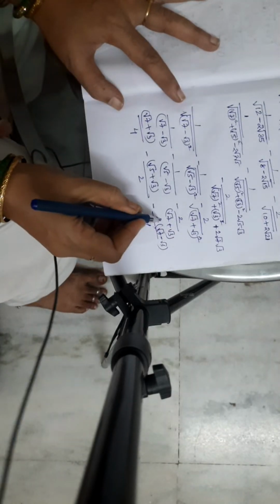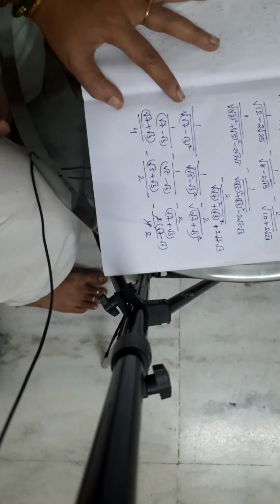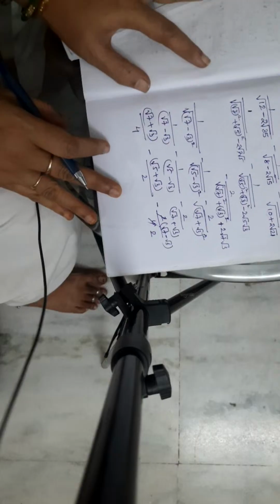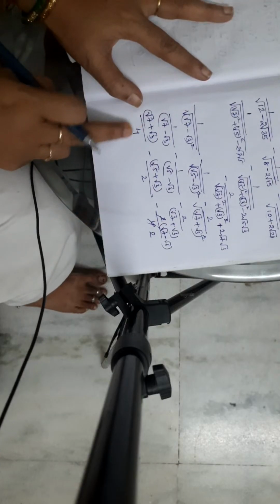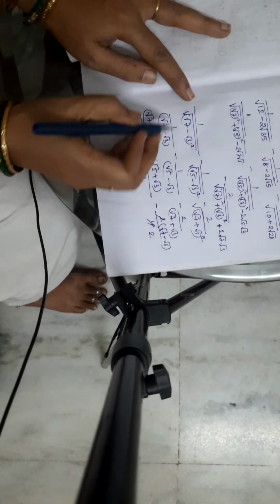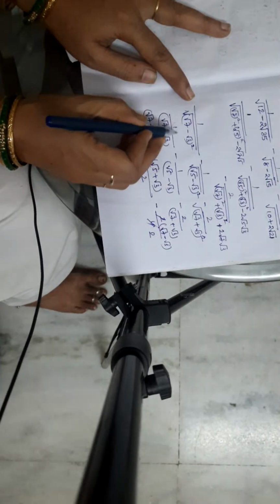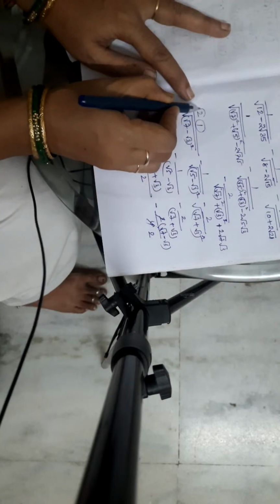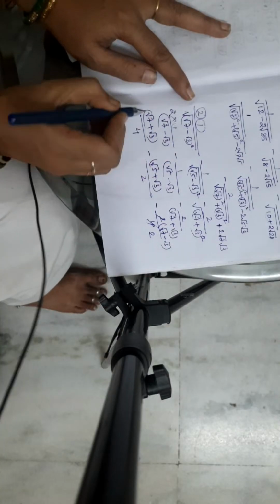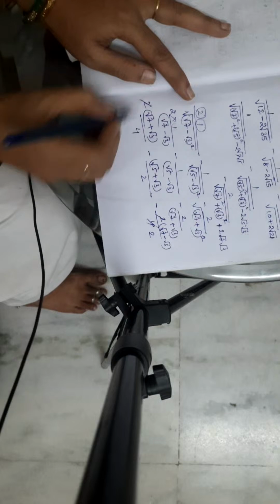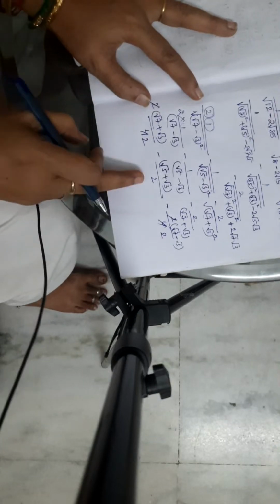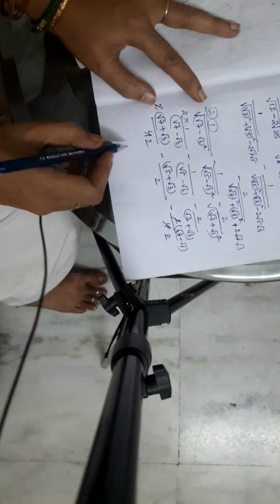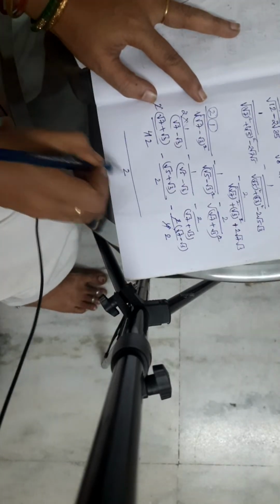Now let's have cancellation. So it got cancelled. Now as per the given answers, here it must be 2, or here a printing mistake is there where it should be 2. You can rectify the question by replacing it with 2. If here 2 is there, then this 4 will get cancelled. The denominator of all the terms will become equal. Once the denominator is equal, we can make the LCM 2.